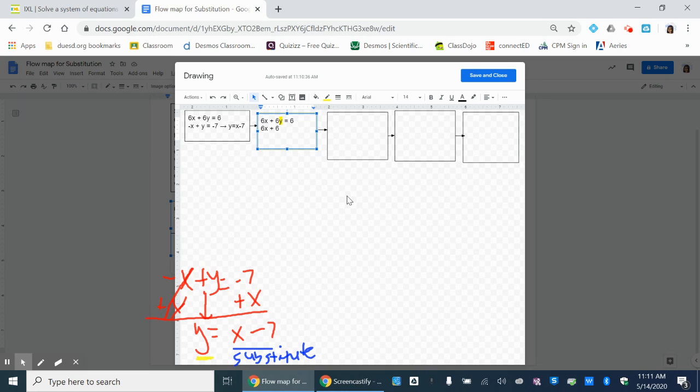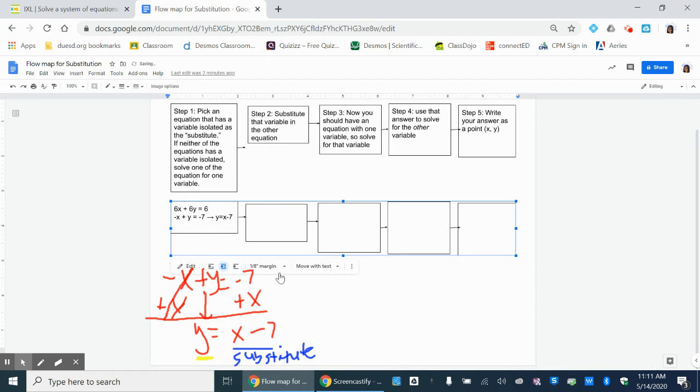Now 6y means 6 times y, so it's actually going to be 6 times x minus 7, and then equals 6. Everything inside of the equation has remained the same except for the y. Hopefully you guys can see that there.